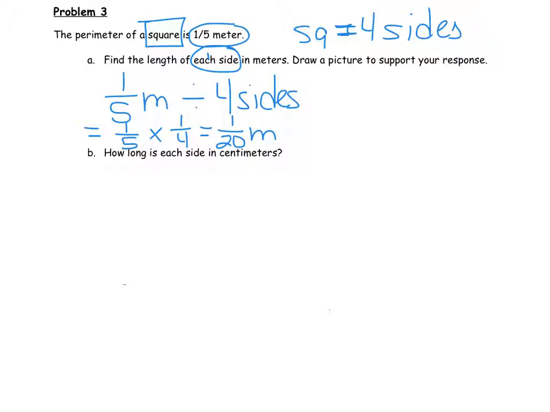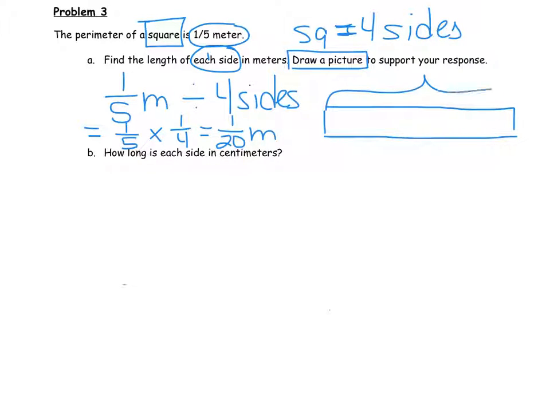Now we're proving it with a tape diagram because it says draw a picture. So I need to start with 1/5 of a meter. So I need my meter, and then I have to make it into fifths. And all I have is 1/5, so that's all I'm shading. And in my 1/5, I need to divide it into the 4 sides. So into fourths.